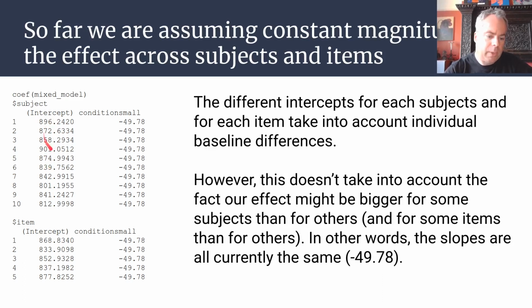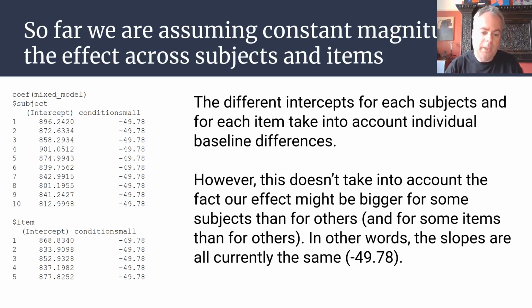But the difference between our large condition and our small condition, with the model we built so far, is the same across participants and across items. So far, we haven't taken account of the fact that the magnitude of our effect might be bigger for some subjects than for others, and for some items than for others.